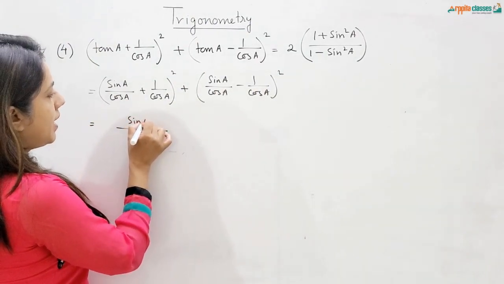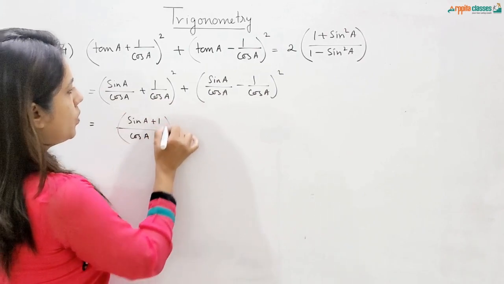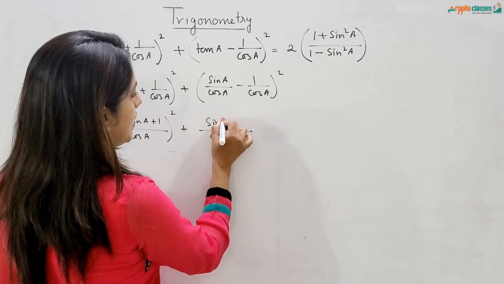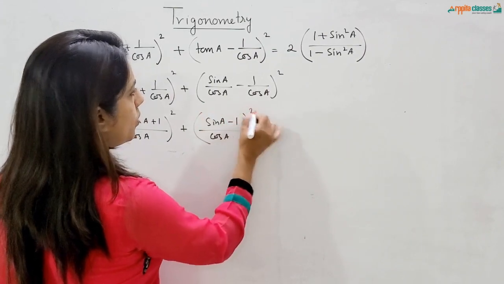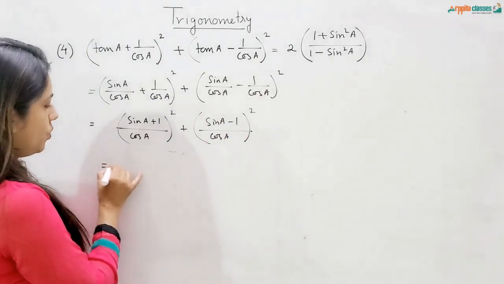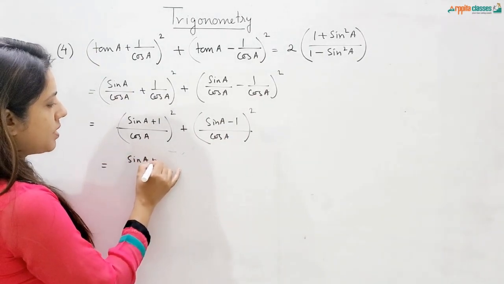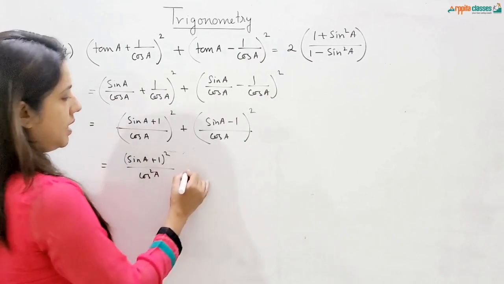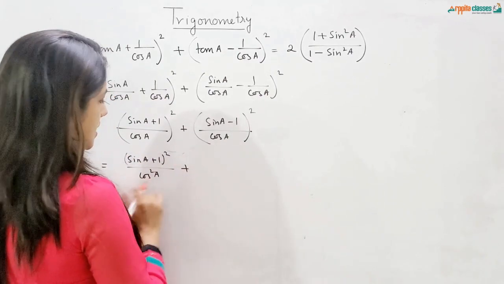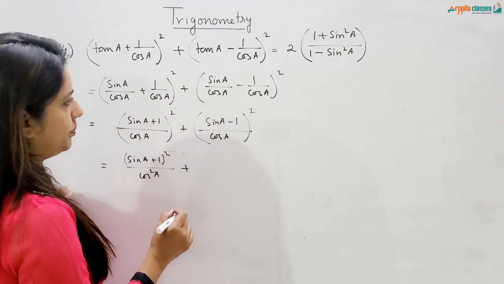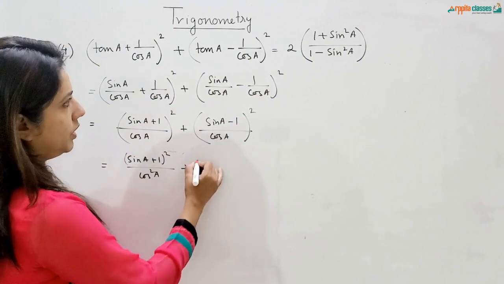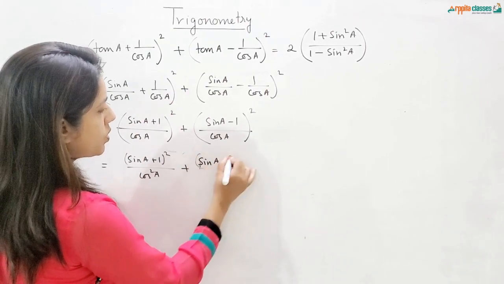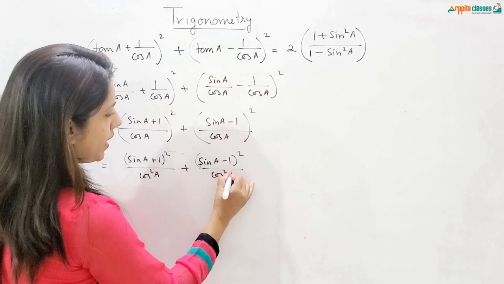So in the numerator I have sin a plus 1 the whole square plus sin a minus 1 the whole square. So here I get sin a plus 1 the whole square upon cos square a plus here I get sin a minus 1 the whole square upon cos square a.